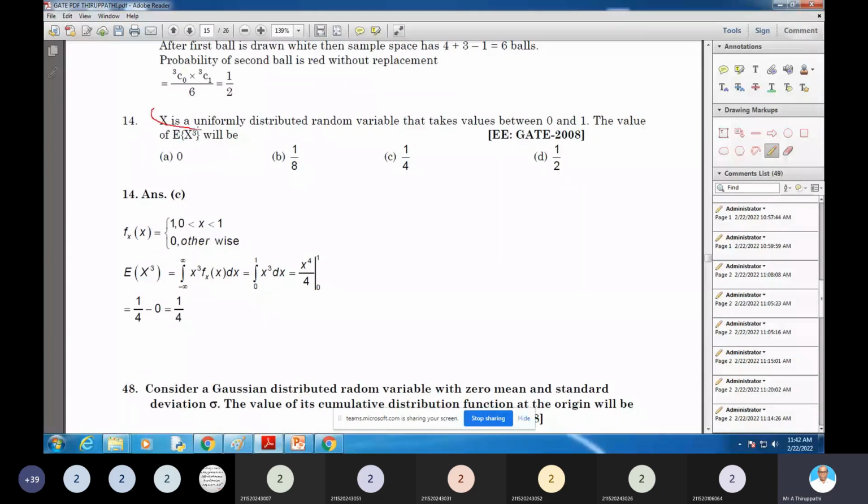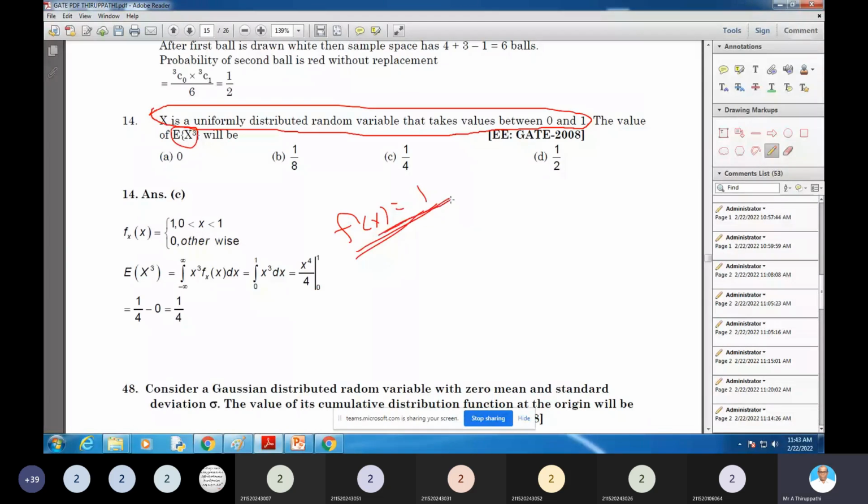X is a uniformly distributed random variable between 0 and 1. Then find the value of E of x cube. First, find the probability density function f of x equal to 1 by upper limit minus lower limit, 1 minus 0, which is 1.